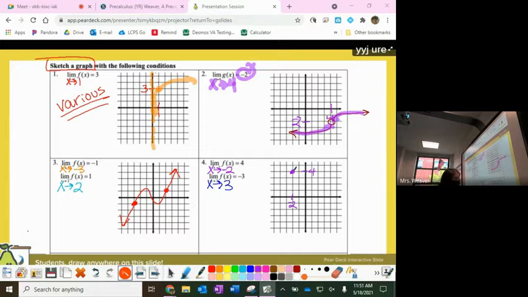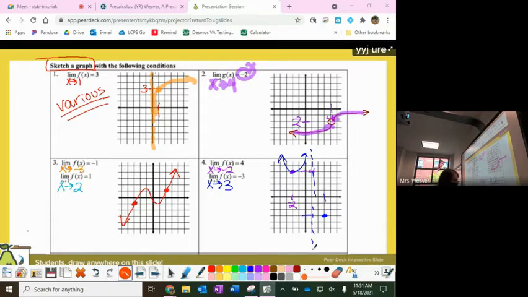As x approaches +3, 1, 2, 3, the function needs to be approaching -3. So it needs to include that point there. So you could either have a piece here, then I could draw in an asymptote if I wanted, because it still needs to be a function, right?